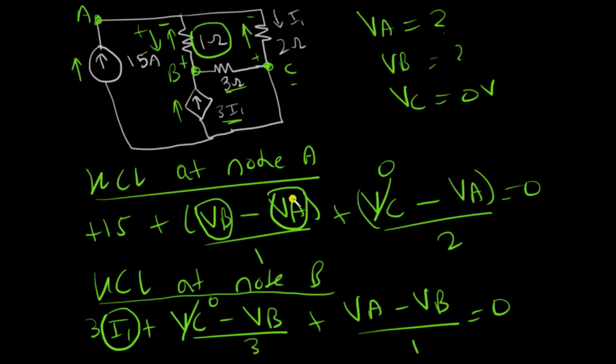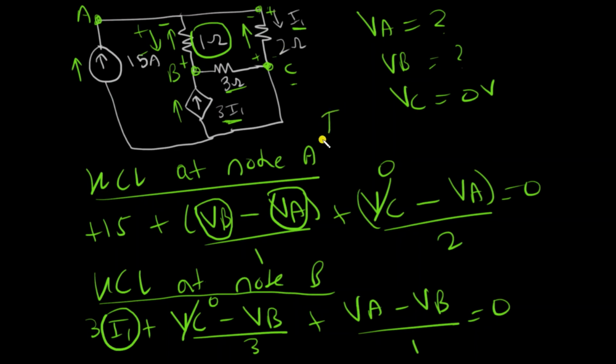So the way you can get the third equation when there are dependent sources involved is by looking at the quantity that they are dependent on. So for example, right now, we need to find an equation that links I1 to our nodes. So we can clearly see that I1 is the current coming from VA to VB, up to down. So that means that VA has a positive direction and VB is negative.